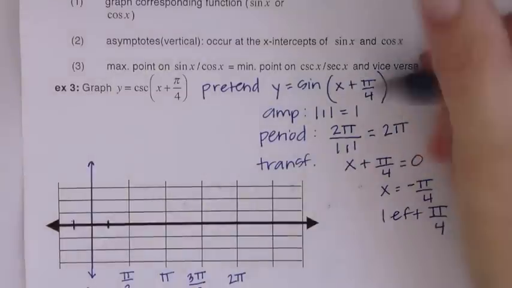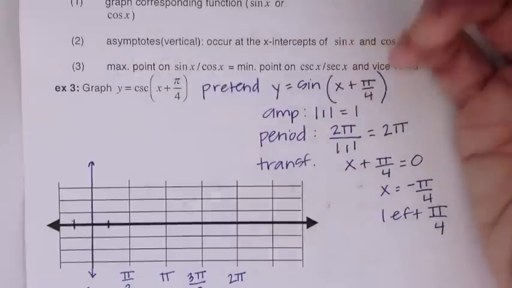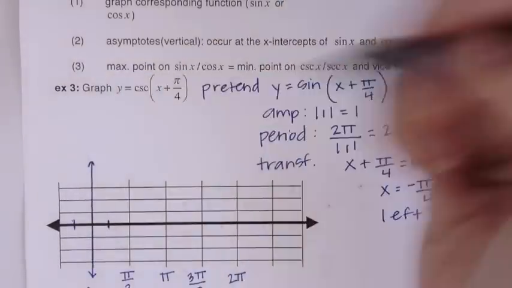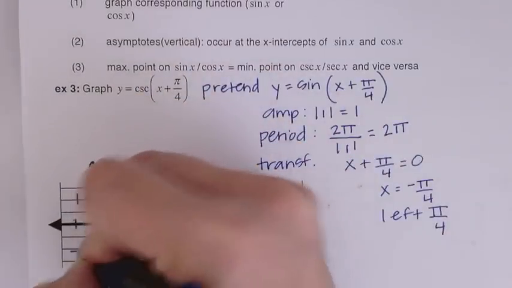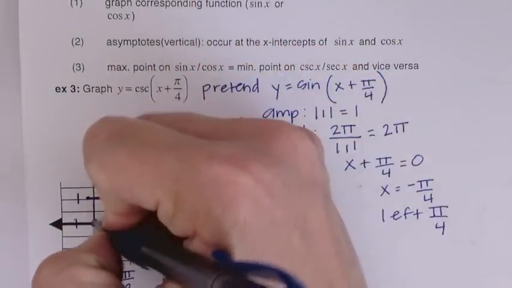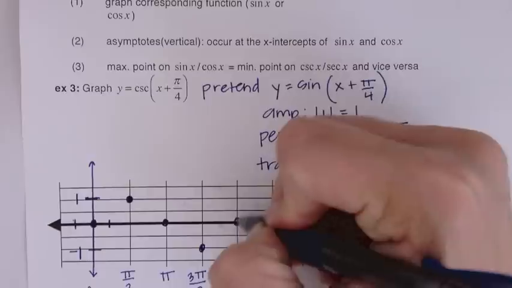So let's go ahead and we're going to dash out this. We're not going to actually graph it because we're trying to graph cosecant. But so the pattern for sine, I am going to scale this and make this 1 and this -1. We don't have to. You could just do it on the first line, but I'm just showing you options. And the pattern goes x-intercept, maximum, x-intercept, minimum, x-intercept.